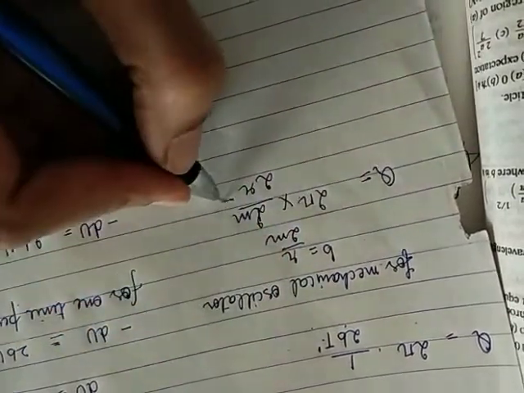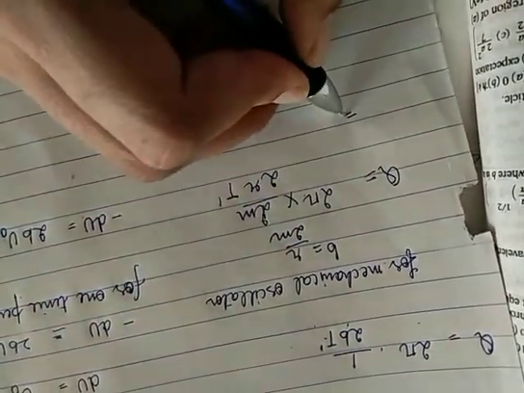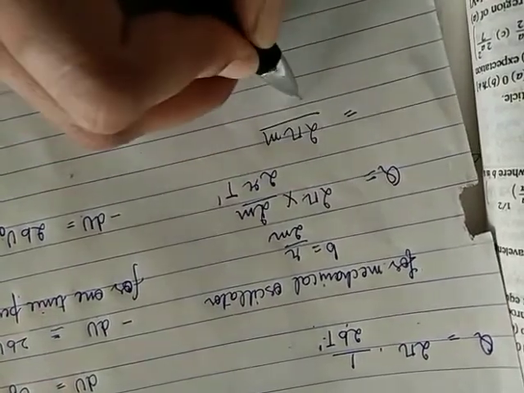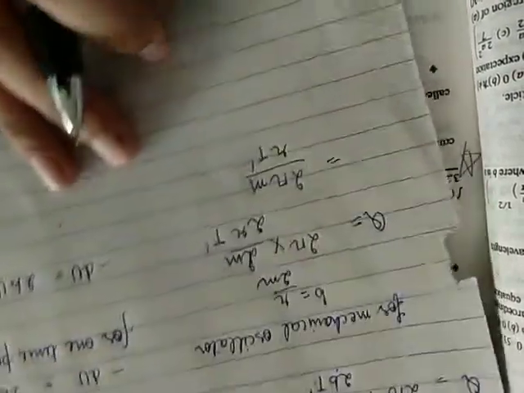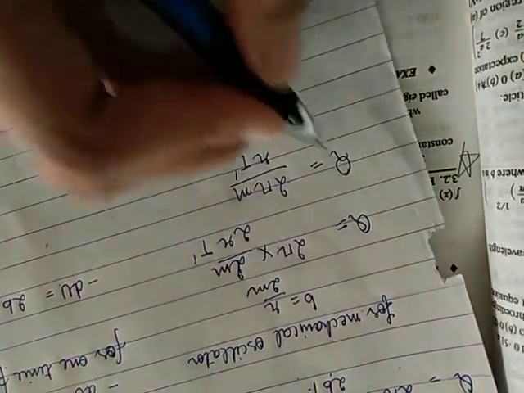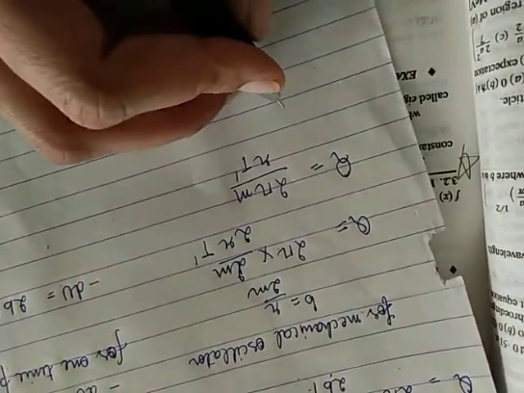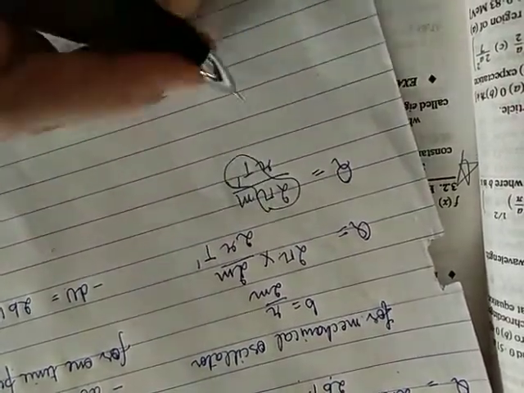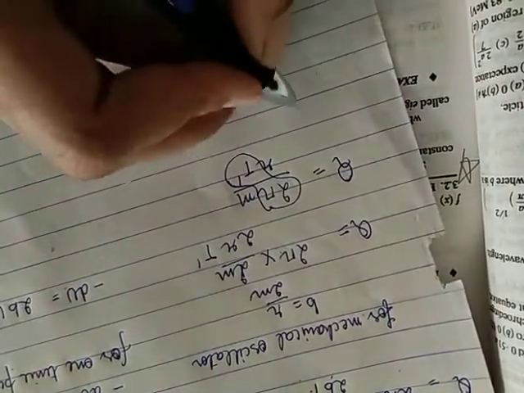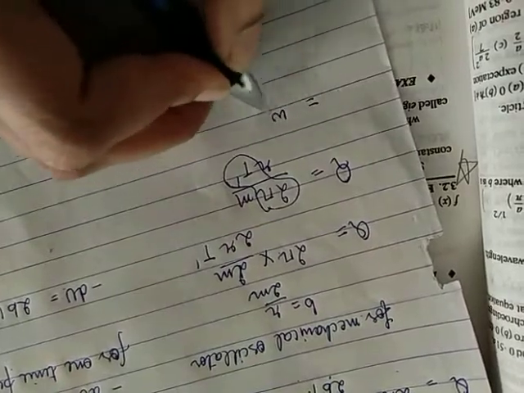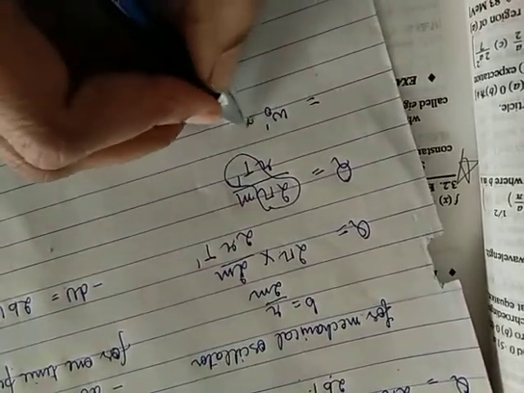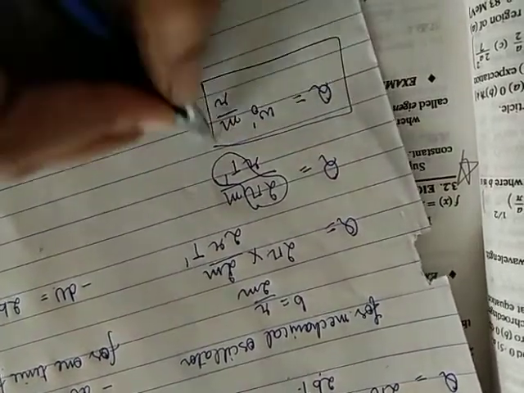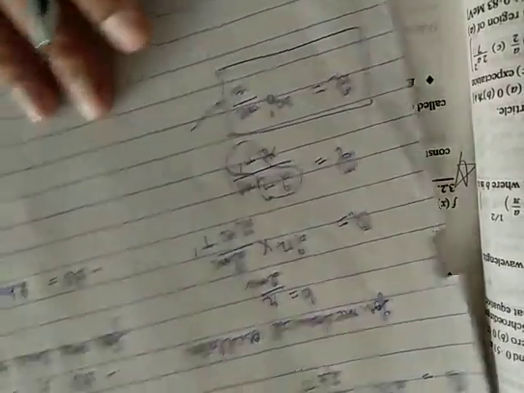I am getting 2 pi M upon R into T dash. So this is the value of Q. Also 2 pi by T dash is basically the angular frequency. So I can write omega naught dash M upon R. This is the Q value for the mechanical oscillator.